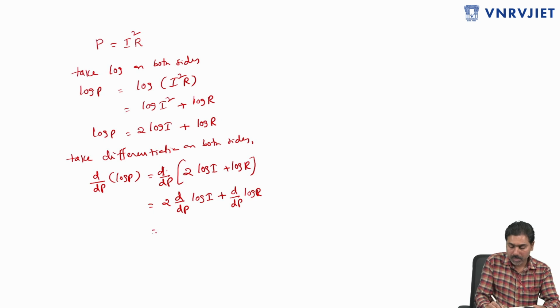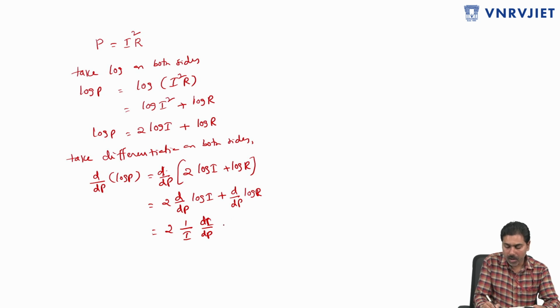Since the differentiation is happening on the power variable, because it is the final measured quantity, we need to differentiate each individual variable with respect to the final measured quantity P. The differentiation of log I with respect to P will become 1 by I into di by dp.